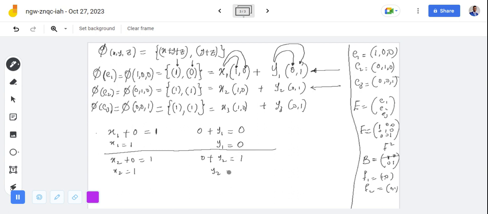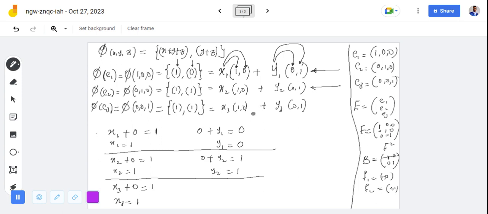So my Y2 is equal to 1. That aside. Next, X3 times 1 is X3, plus Y3 times 0, that is 0, then equals this first digit. So my X3 is equal to 1.